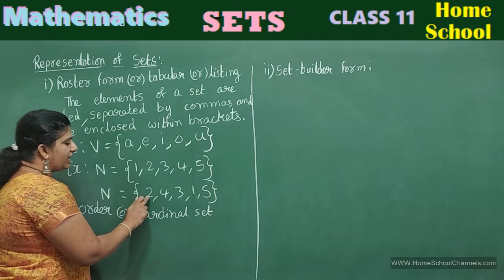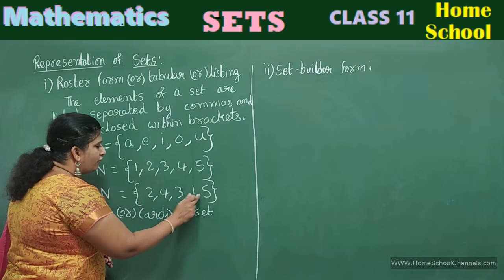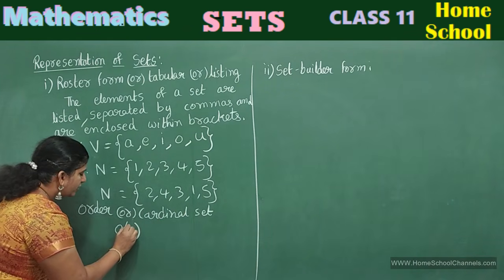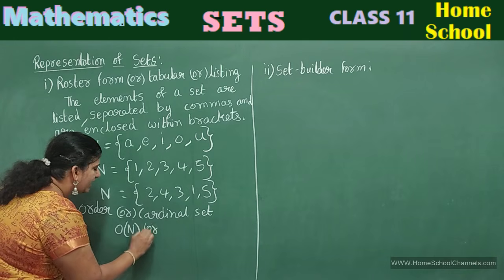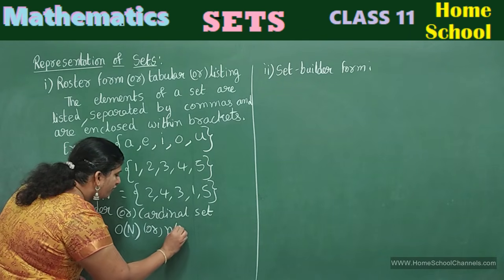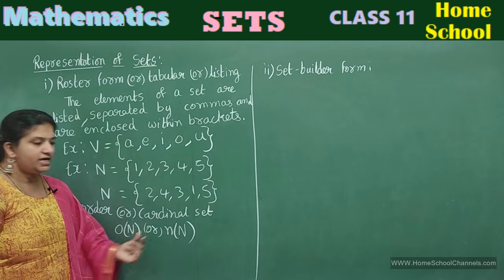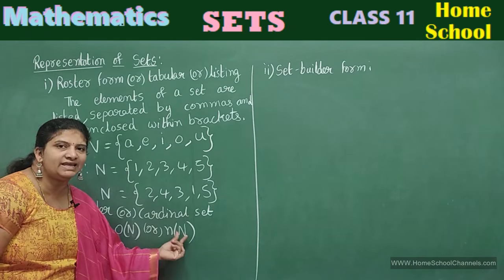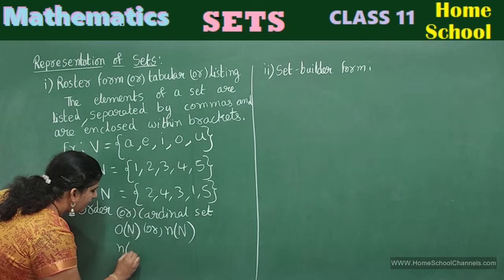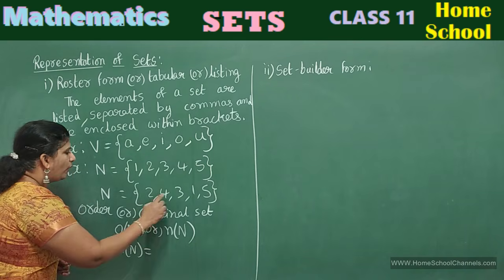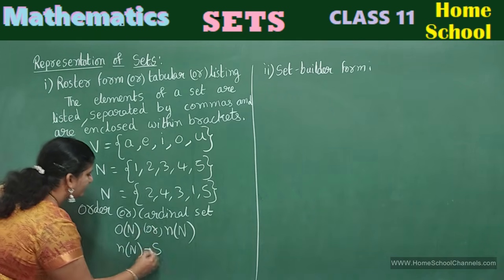Count the elements, how many are there? 1, 2, 3, 4. Order of a set, you may write O of A or you can write it as n of A, the number of elements in set A. See here, how many elements are there? n of A is equal to 4.